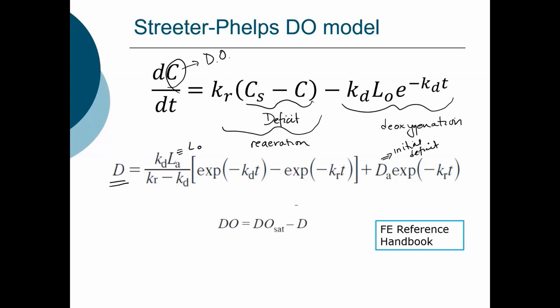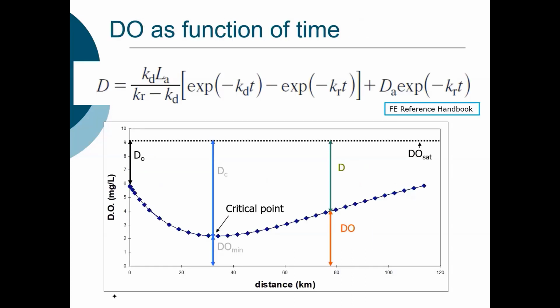Okay. And we have deoxygenation terms throughout and reaeration terms. We often talk about what is referred to as the critical point. That is the point where the deficit is the maximum. If you remember, we said this is the point where the rate of reaeration is equal to the rate of deoxygenation.